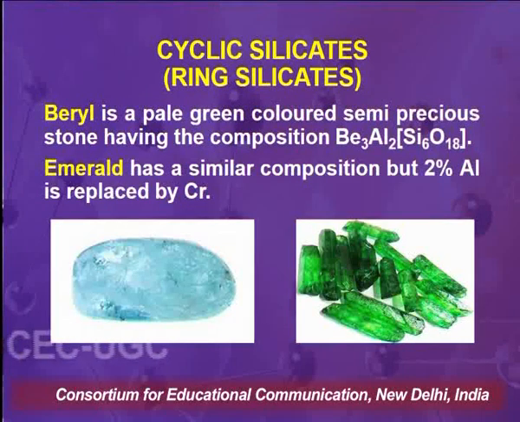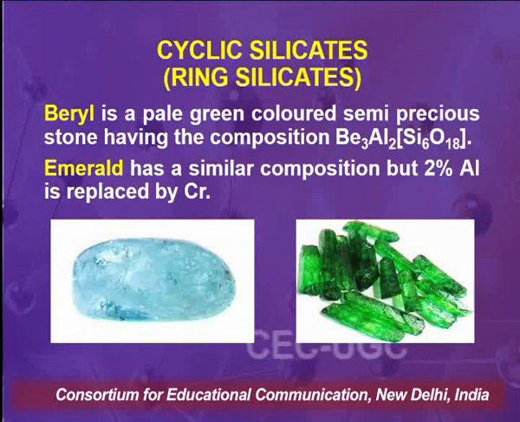Another example of cyclic silicates or ring silicates is beryl. Beryl is a pale green colored semi-precious stone which has the composition Be3Al2Si6O18. The first figure shown below is of beryl. Emerald is a precious stone, we all know that. It has a similar composition, but 2% of the aluminium is replaced by chromium in emerald.